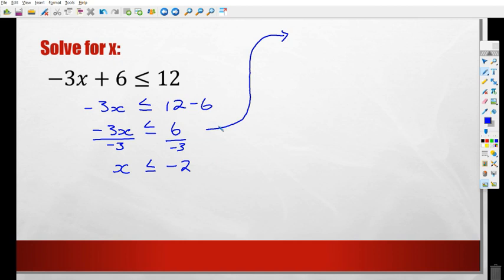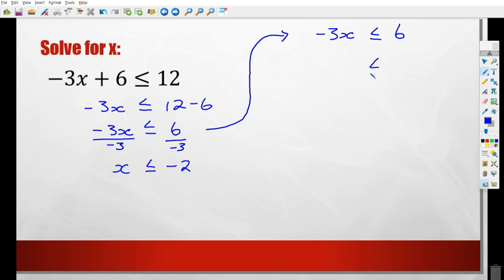I'm going to come back to the top here, and copy this back down. That's this step over here, before I divide by 3. Instead of dividing by 3, I'm going to take this -3x across this way, because I want to make it positive.